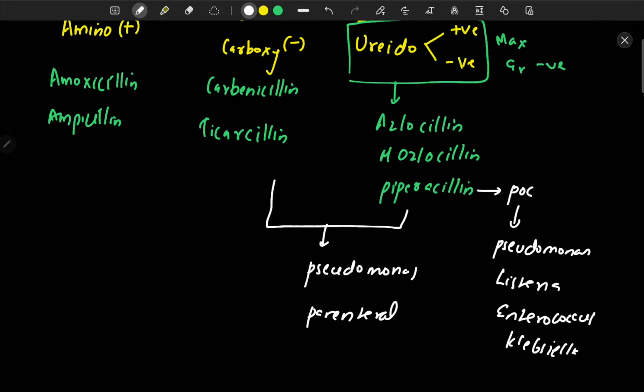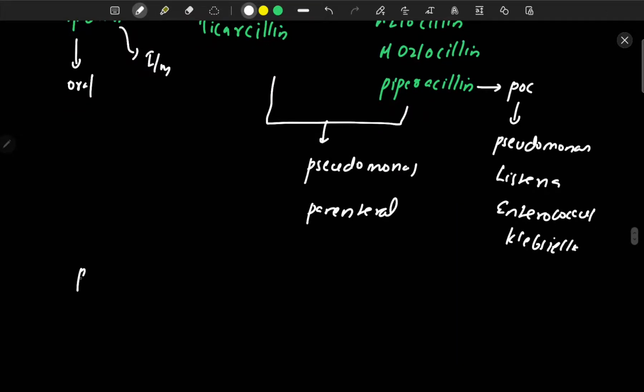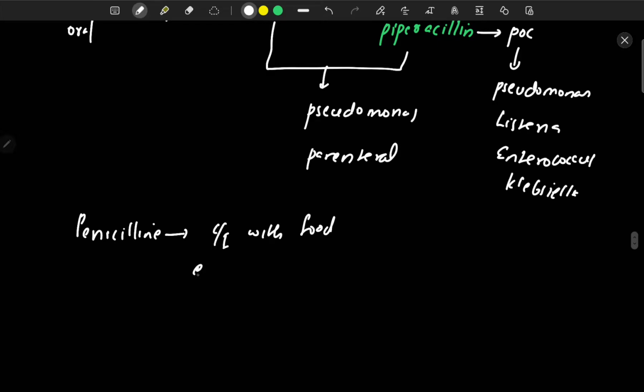Whereas this group, containing amoxicillin and ampicillin, is taken orally, and ampicillin can also be given by intramuscular route. All the penicillins are contraindicated with food, because food will decrease the absorption of the penicillin, except for one exception, amoxicillin.